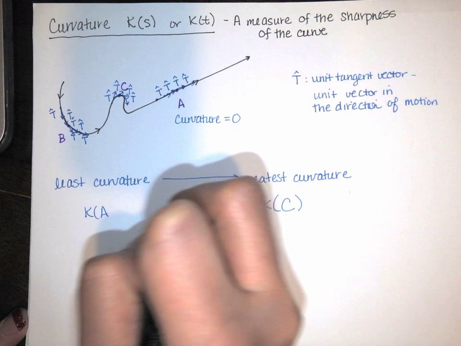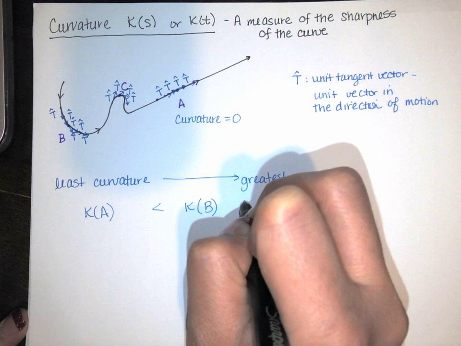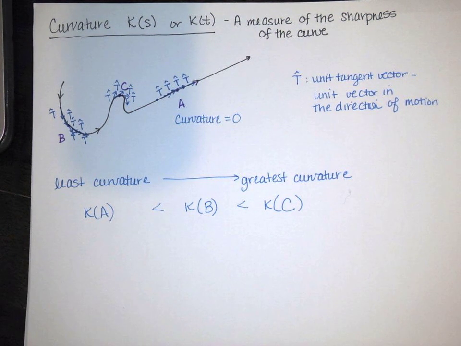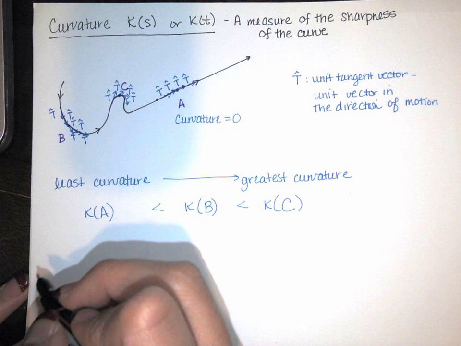Okay. Now another way to get the curvature intuitively is to draw what's called an osculating circle. An osculating circle has the same curvature as the curve at that point. So a circle has a constant curvature.